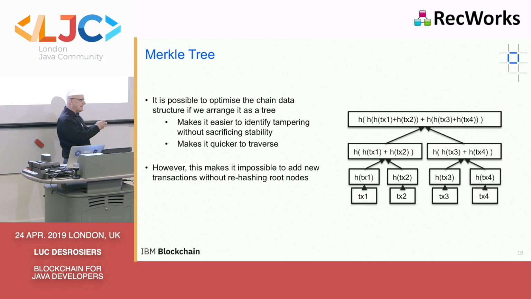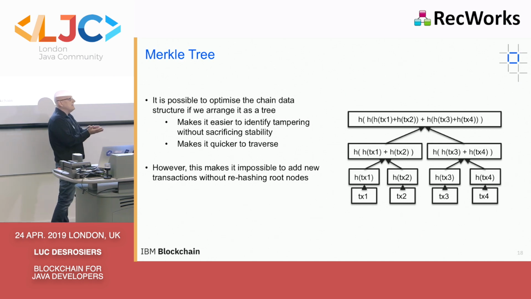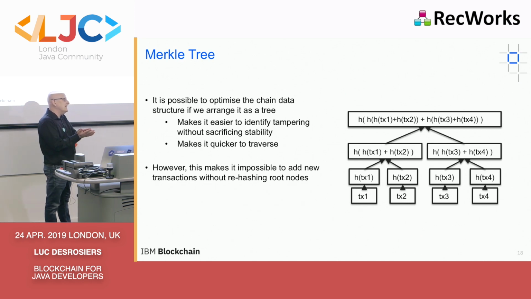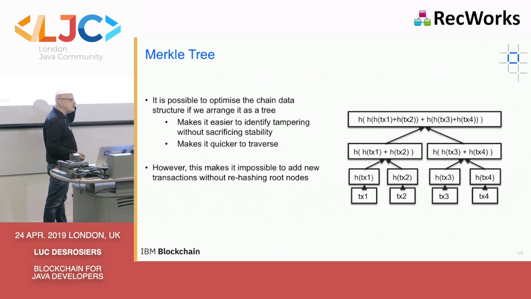So you can see all your transactions within your block as a tree structure. If you find a block that contains some transaction that's been tampered with, you can use that information to quickly calculate where the mismatch value is.